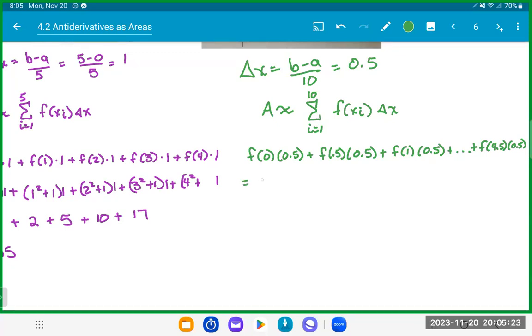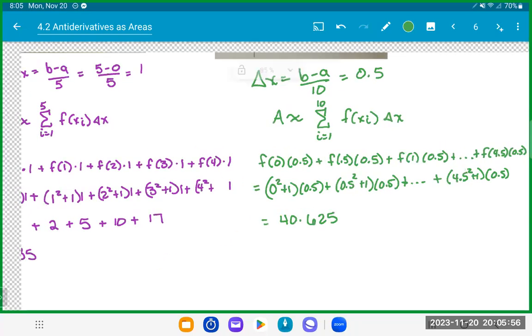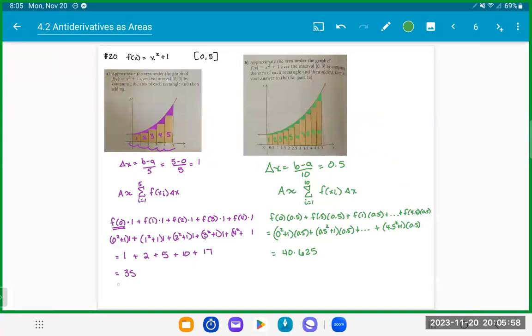So this is, again, 0 squared plus 1 times 0.5, plus 0.5 squared plus 1 times 0.5, all that plus all that to 4.5 squared plus 1 times 0.5. Okay, so when you add all those up, you end up getting 40.625. And that is a much more accurate amount of space than if we just had 35, right?